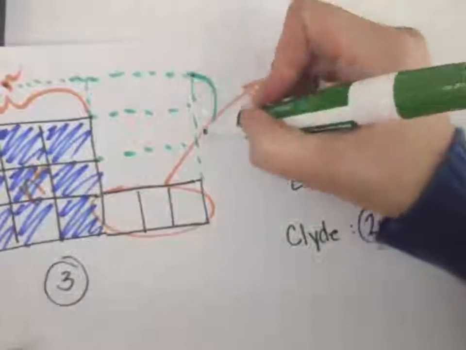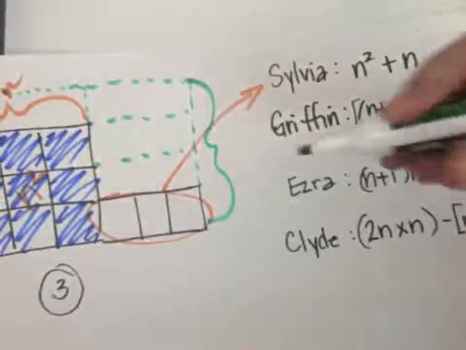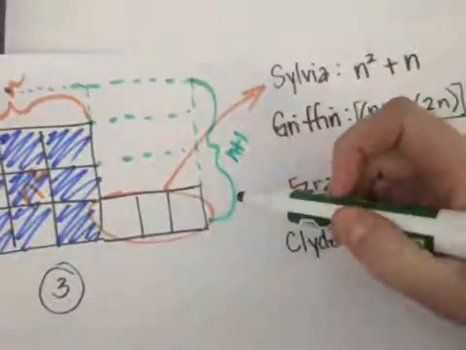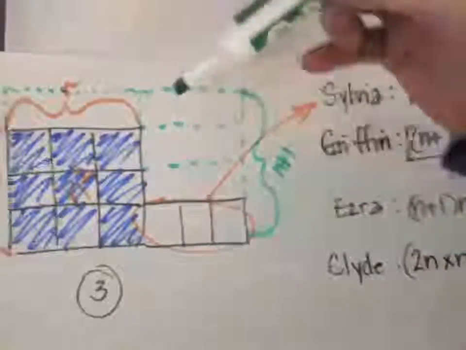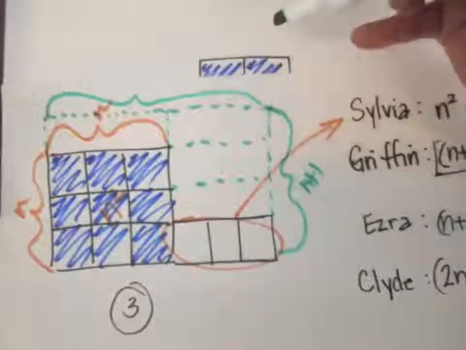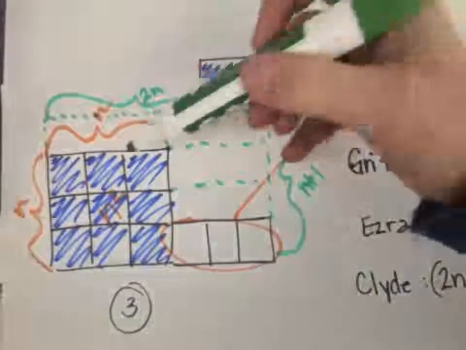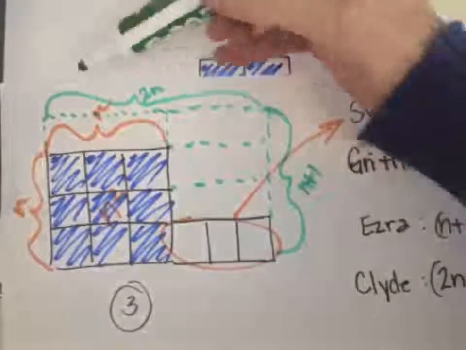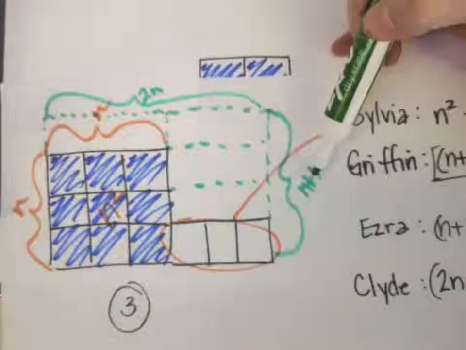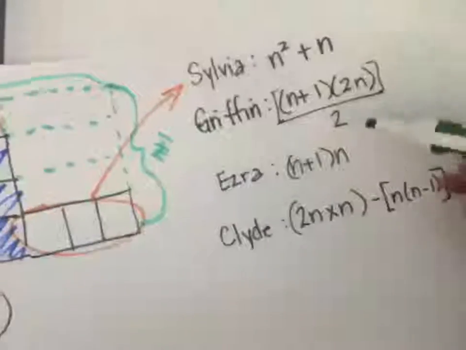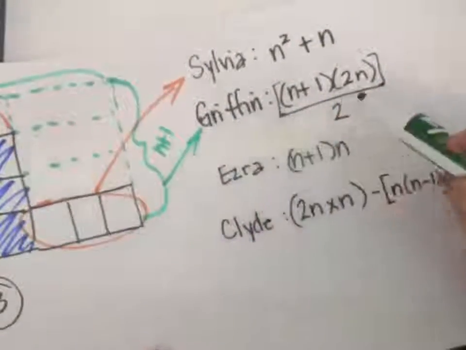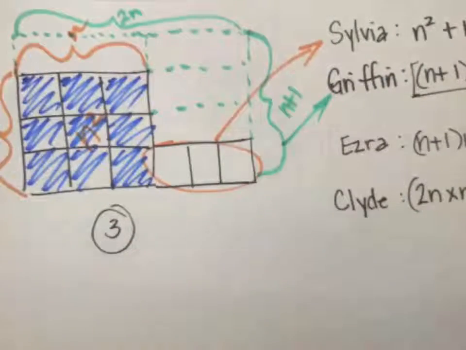So he said this side was n plus 1, because it's one more than the stage number, which is 3. And this side, he noticed, was 2 times the stage number, or 2n. So to find the total number of squares, you would multiply 2n times n plus 1, and then divide that whole thing by 2. And that's what he did here for his expression.